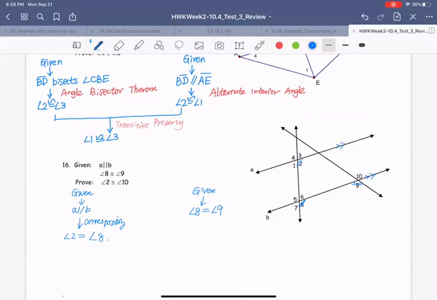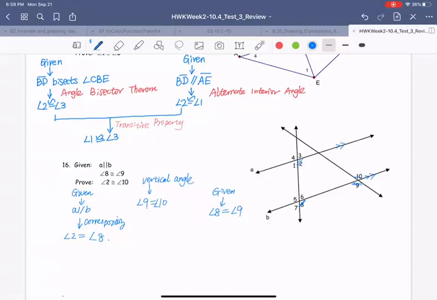Now, angle 9 equals angle 10 because of vertical angles, right? Yes, vertical angles.